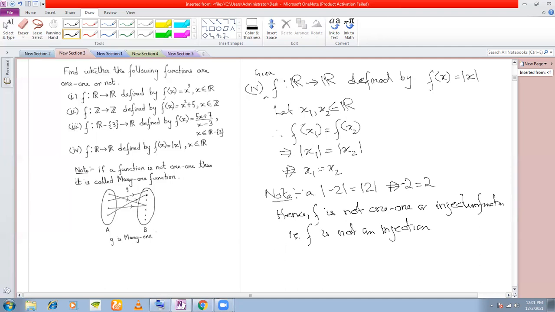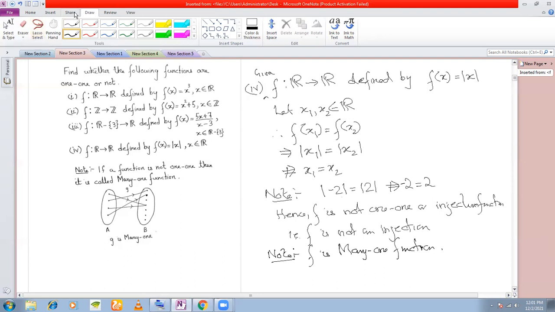What should it be? Another note: f is a many-to-one function. Fine. So that finishes your injective part.